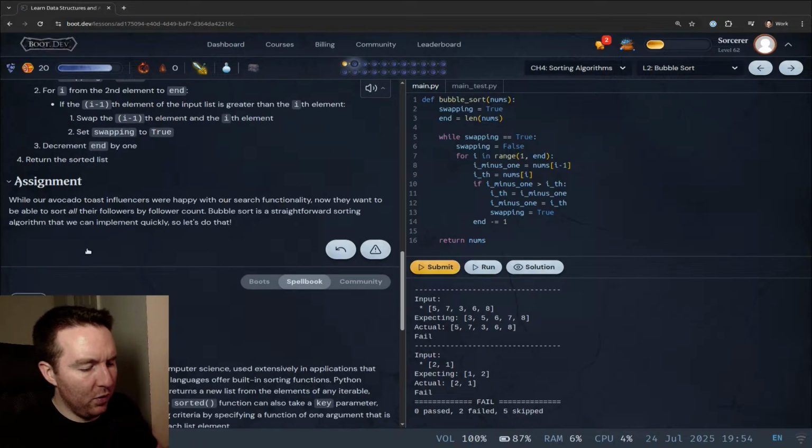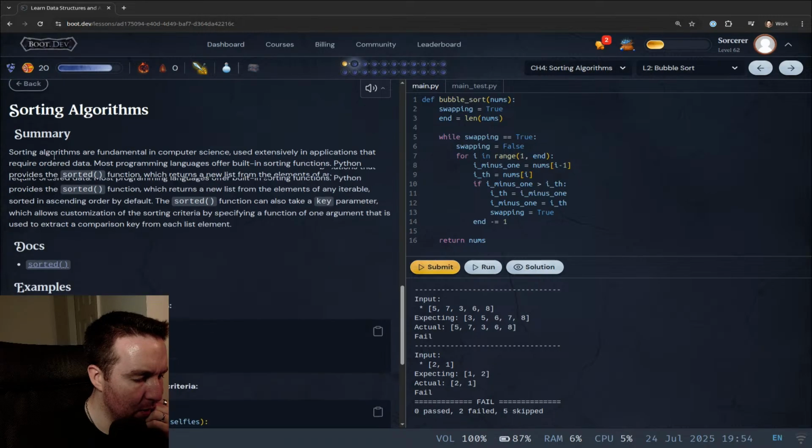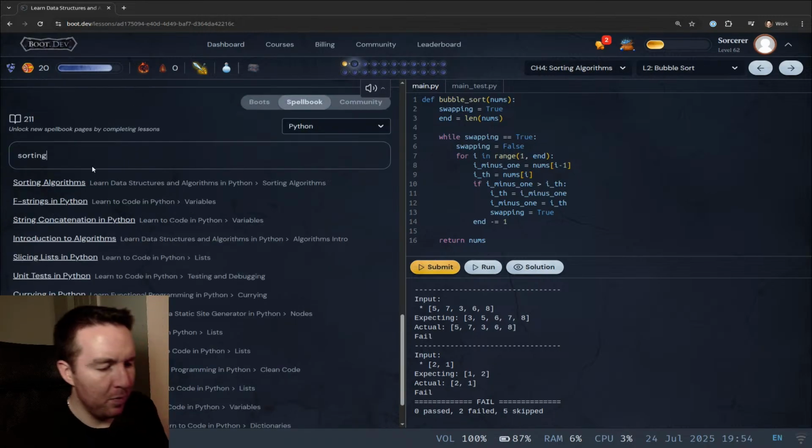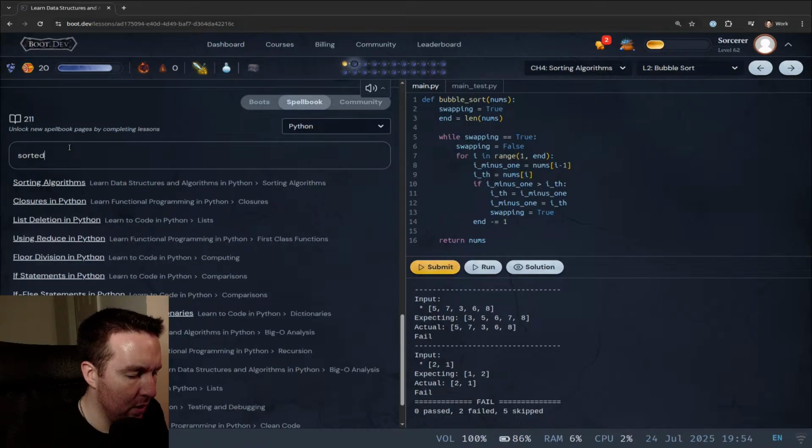Yeah, we don't want to use the sorted function, right? Let's look at it. Sorted. Closures in Python.